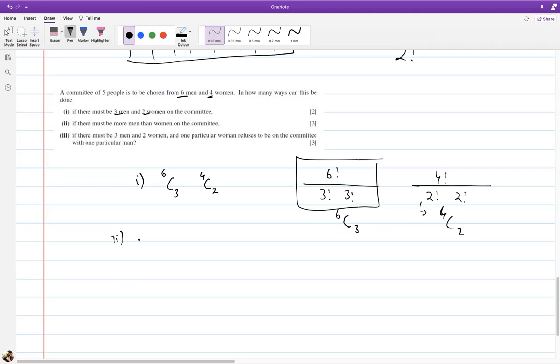Now you have multiple options. I'm going to do it like this: instead of saying 5 men, 4 women, I'm going to write men and women like this. So one option is that I can pick 5 men and no women. A little unfair, but that's one option here. Or, because it's or, I put a plus there.